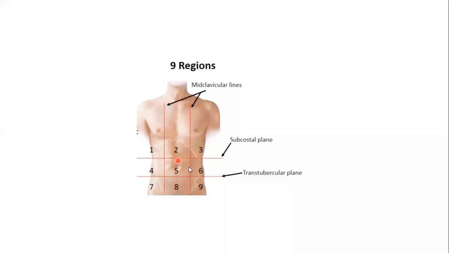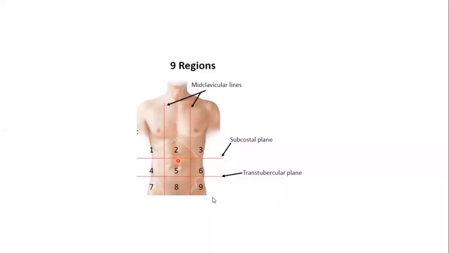These 2 horizontal planes and the 2 vertical planes divide the abdomen into 9 regions, which are named the right hypochondrium, epigastrium, left hypochondrium, right lumbar, umbilical, left lumbar, right iliac, hypogastric, and the left iliac. Each again, like the quadrants, has its own contents and organs.